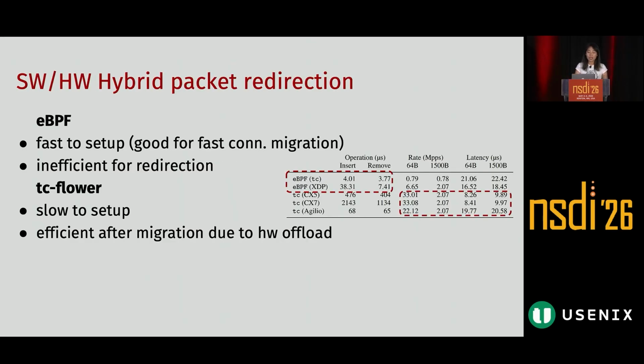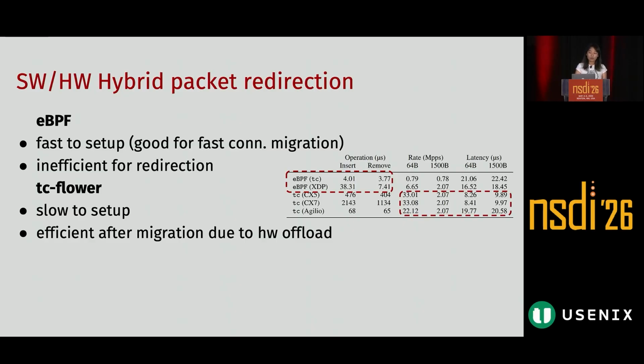One design highlight of XO is how to redirect the ingress packets to the server. We actually have two options. The first one is using eBPF. It is fast to install a rule because it is done just by updating shared memory, which is called a map.